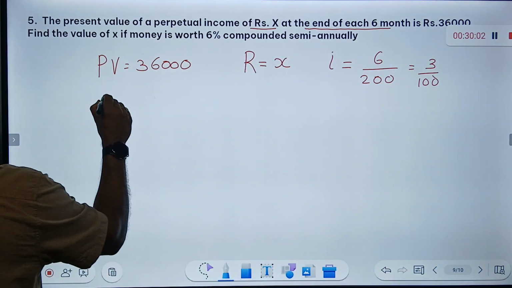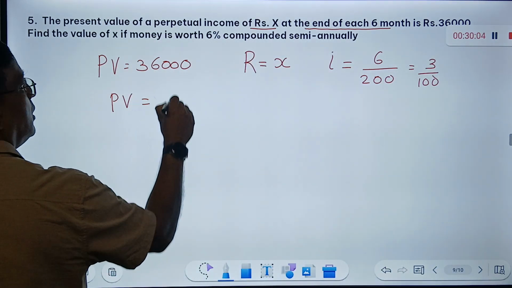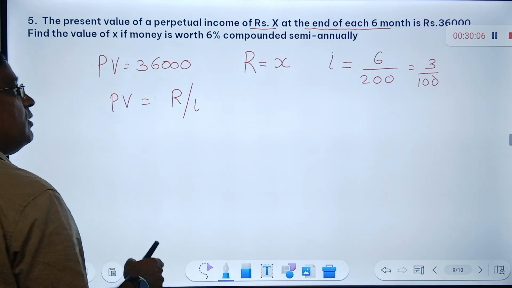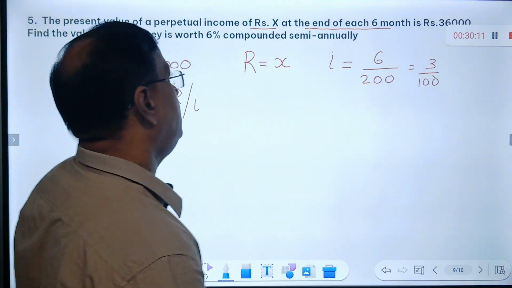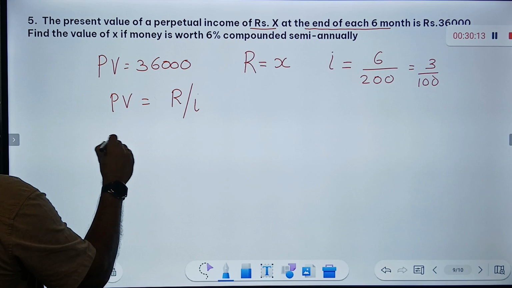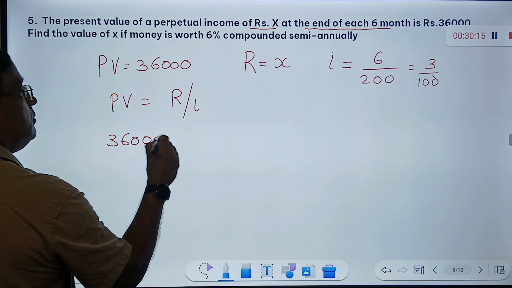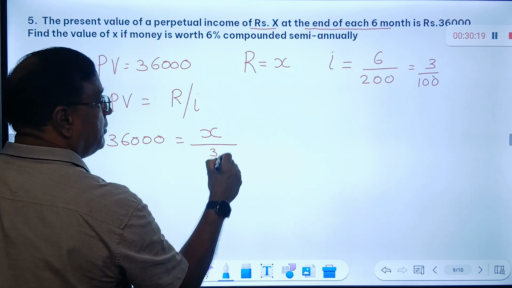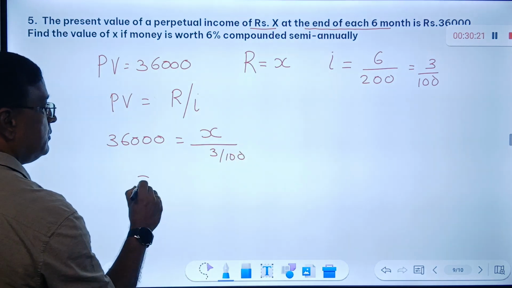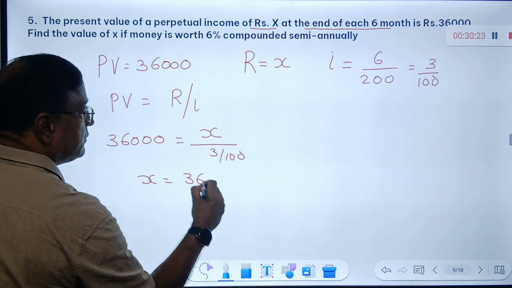And what is the formula? Present value equal to R by I. Why do I use this formula? I use this formula because the payment is made at the end of every 6 months. What is PV? 36,000 equal to, what is R? That is X. And my rate of interest is 3 by 100. So from this, X is equal to 36,000.